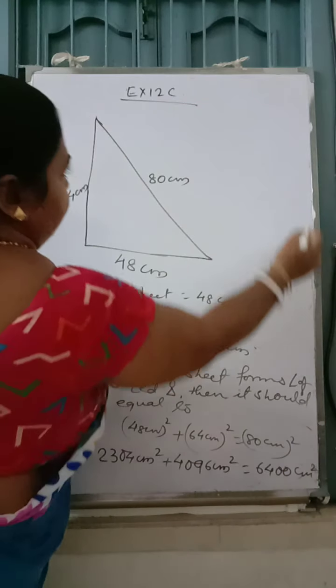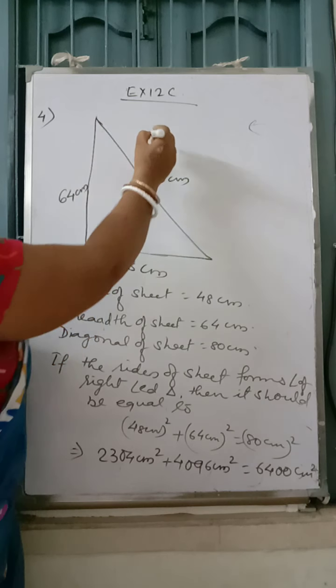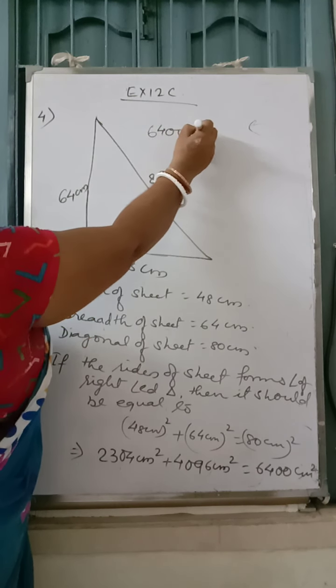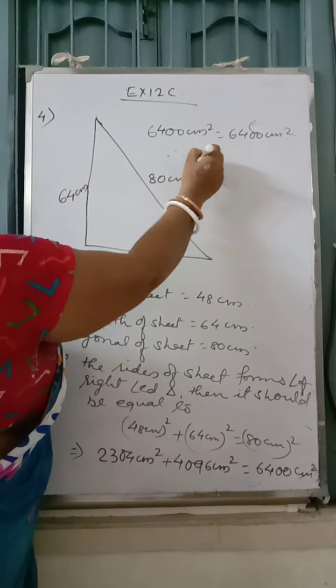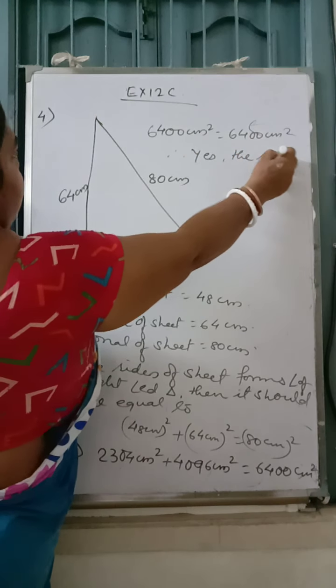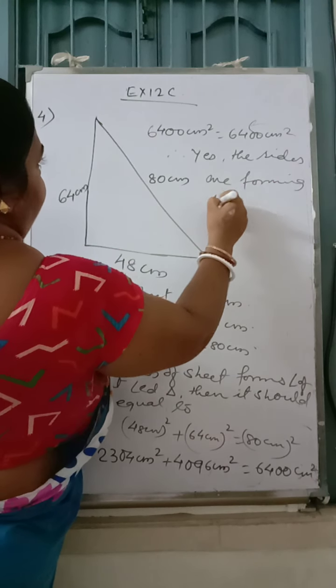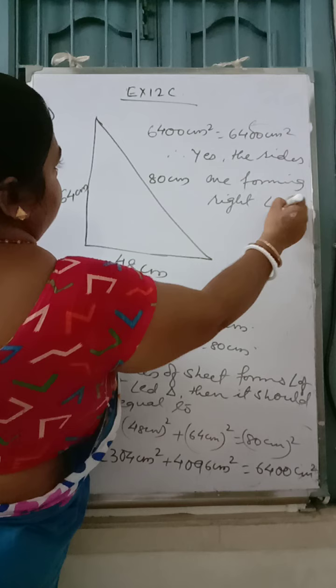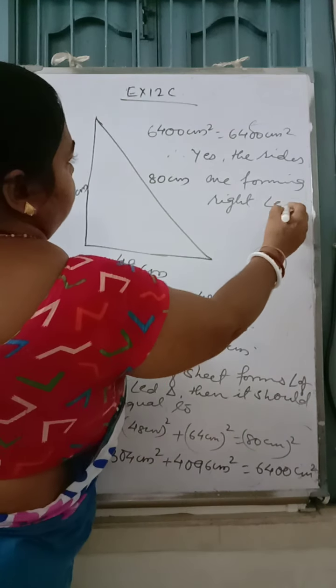Now we'll add it up. Both if we add, what do we get? We get 6400 centimeter square is equal to 6400 centimeter square. Then we'll write yes, the sides are forming right angles, right angle to each other.